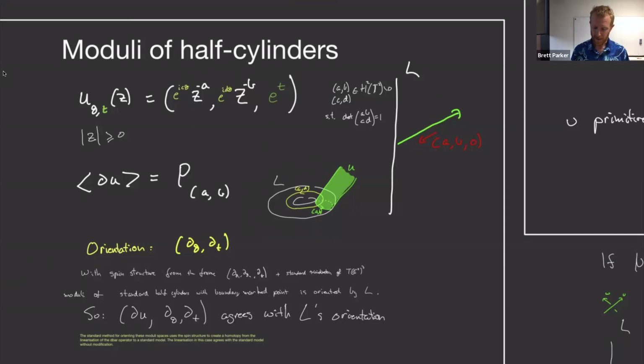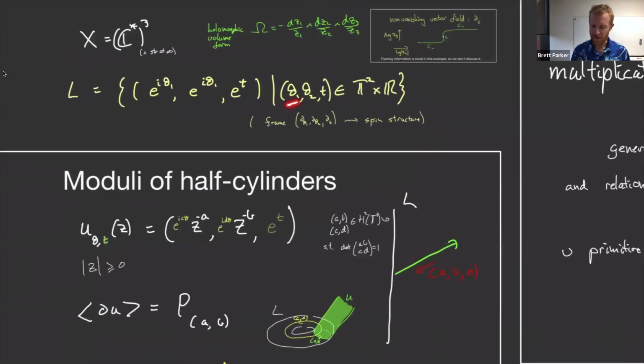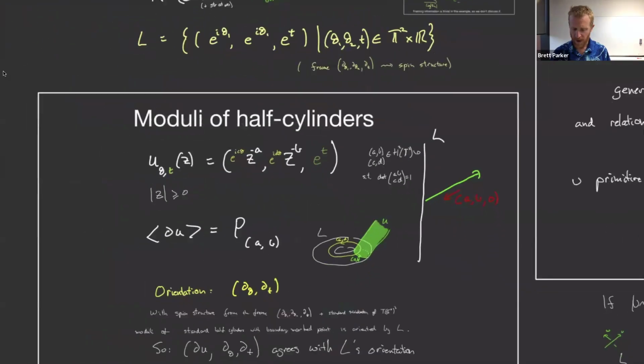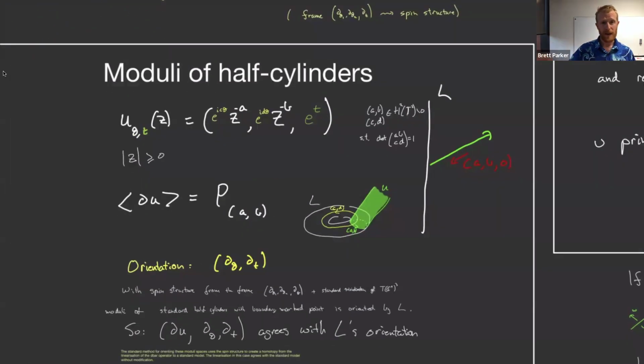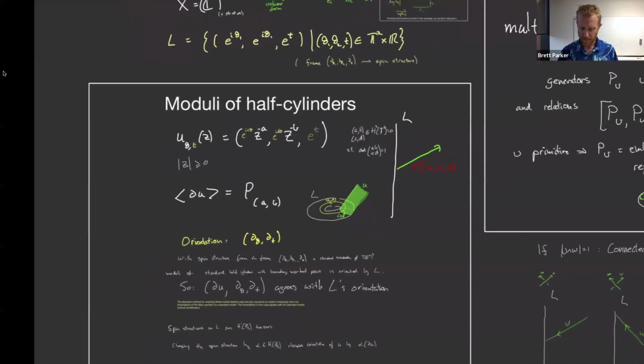So these three coordinates, theta 1, theta 2, theta t, give a spin structure, and it's going to be relevant that this spin structure doesn't extend when we fill in to get the solid torus. So the point is, these are very easy to orient.